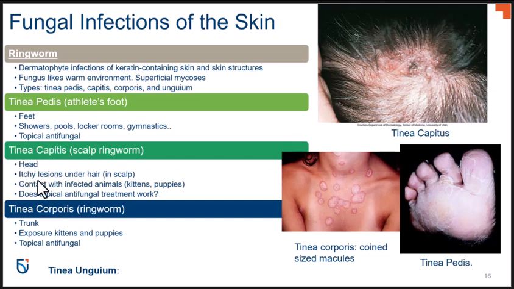It affects the head, obviously, causing these itchy lesions on the scalp. It is more commonly acquired from contact with infected animals. So sad to say, kittens and puppies fall into that category. So especially strays, people that are picking up a stray kitten can catch tinea capitis from that animal.